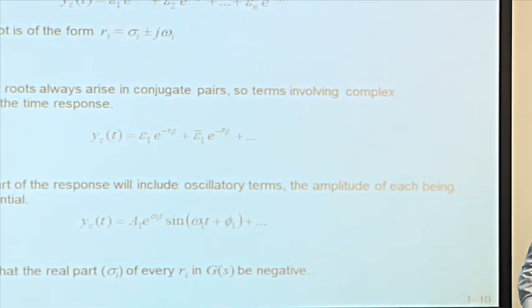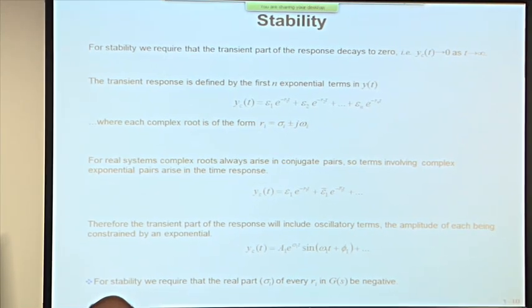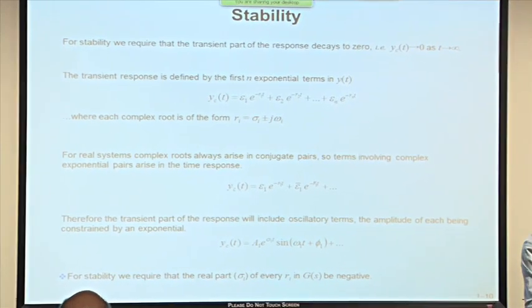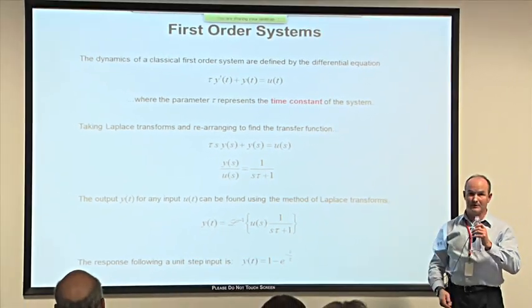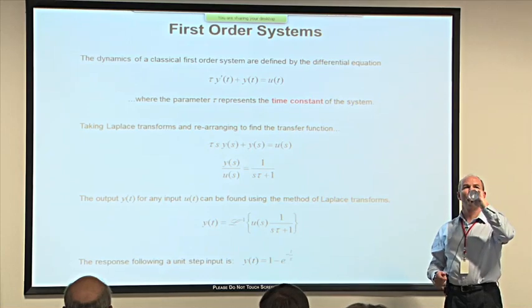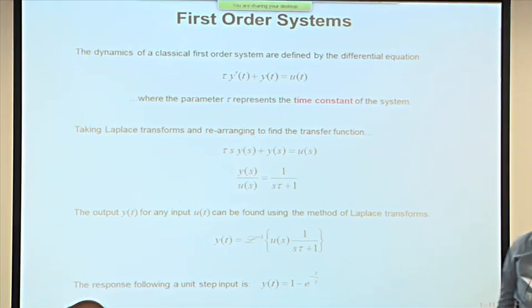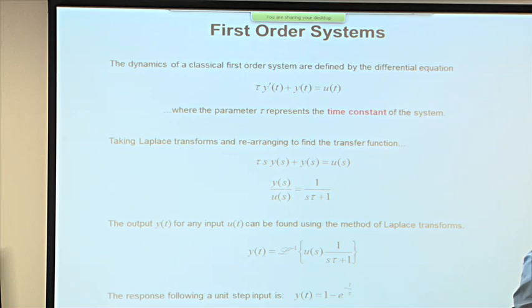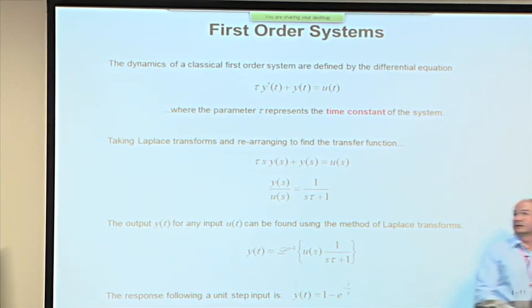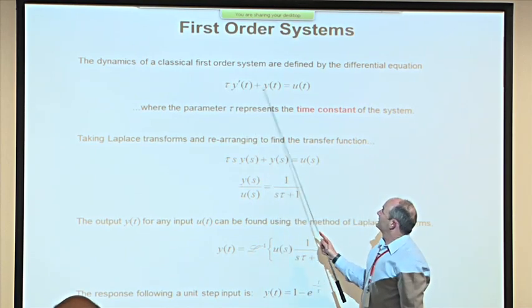Now we're going to use this theory applied to some very simple systems. First of all, we're going to look at first-order systems, and then second-order systems. The first-order system, at least the one I'm going to look at, has a differential equation which looks like this: the input side consists of u of t, and the output side consists of tau, this Greek character tau, times y prime of t plus y of t.